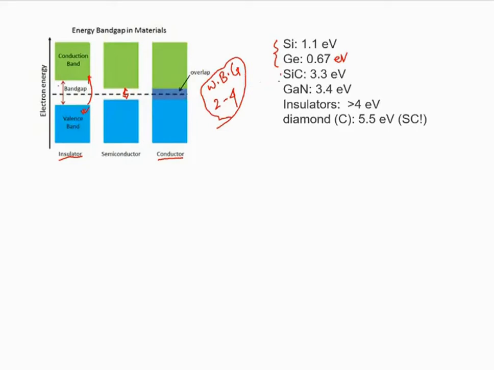There are several options, as I mentioned, we'll discuss. An insulator has a band gap of more than 4 eV. And there is an interesting device called diamond, which you are very familiar with. Though it has a band gap around 5.5 or 5.6 eV, you can still use it as a semiconductor, which is very interesting. But of course, due to cost and manufacturing issues, they are not popular yet. You will find a lot of commercially available silicon and GaN devices.